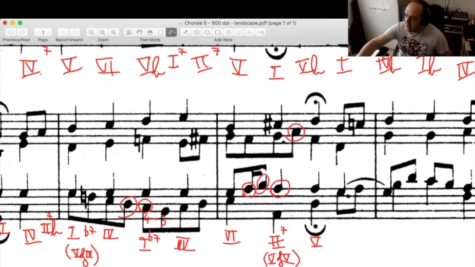And what do I have here? A lower auxiliary going to the 7th there. It's just another decoration. A bit of movement.